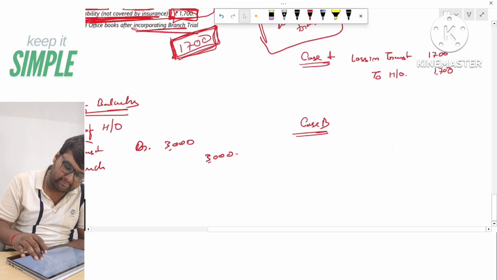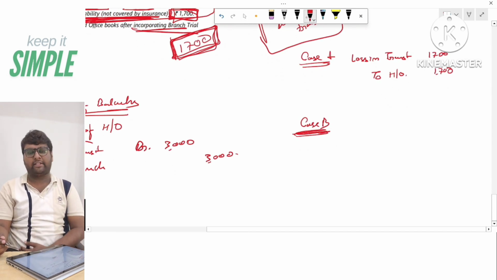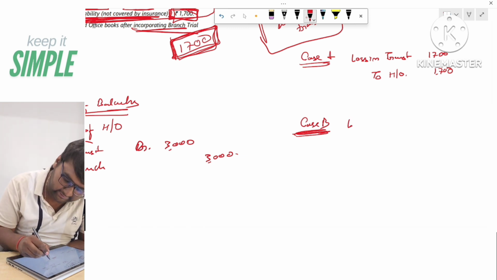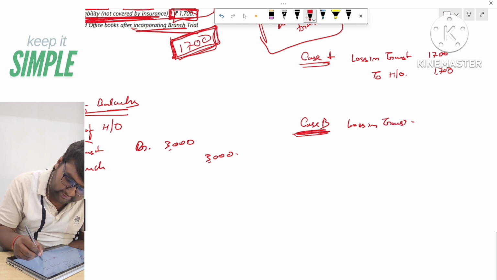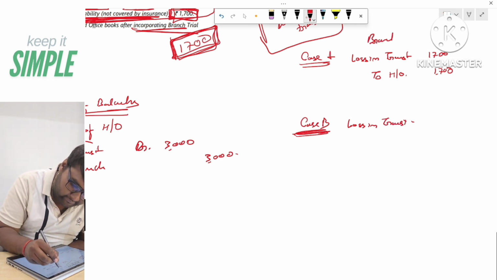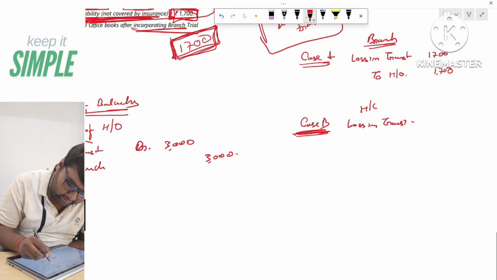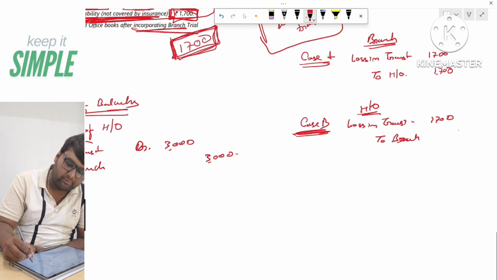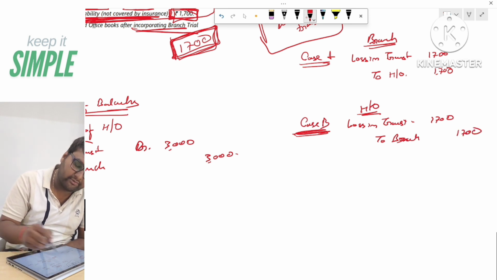Or another case might be that head office will reverse the entry which they have passed, accepting that the loss is theirs. So loss in transit is passed by the branch in one case, and by head office in the other. We can take any of the scenarios.